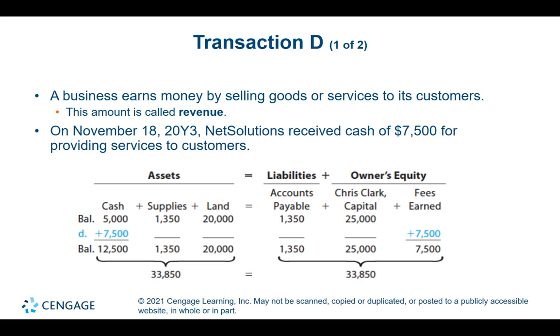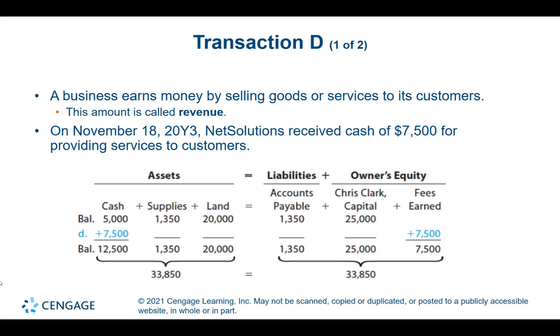NetSolutions called this revenue account fees earned, and fees earned is a type of owner's equity account. Anytime there's fees earned from providing services, it increases ownership, increases owner's equity. In this case, $7,500 is increased.